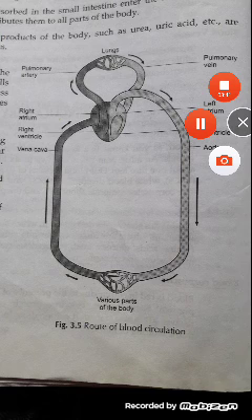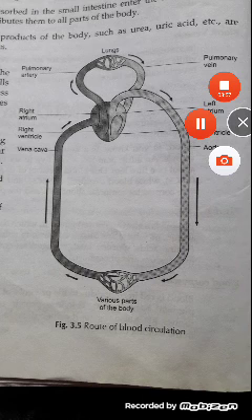Sixth point is the defense action against infection. Blood protects the body against various kinds of infection. Seventh point is prevention of bleeding.